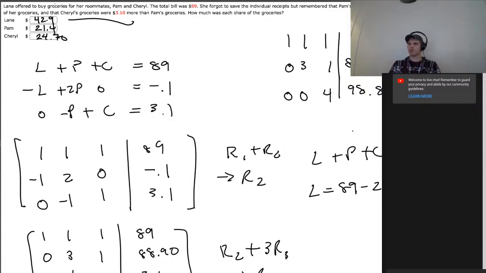And then the other two sentences. So Pam's groceries were 5 cents cheaper than half of Lana's groceries. Half of Lana's groceries is $21.45, and Pam is 5 cents less than that, so that worked out. And then Cheryl's groceries are $3.10 more than Pam's.